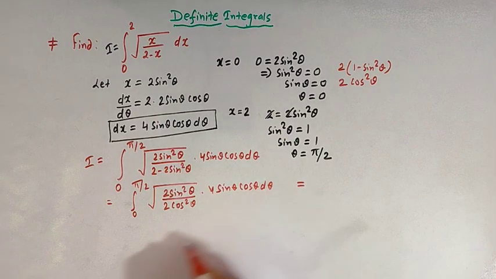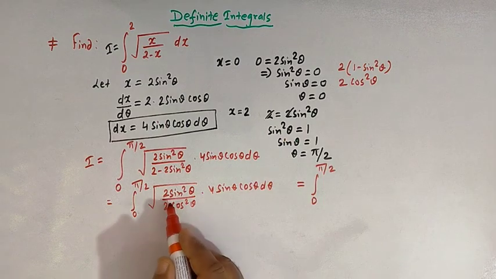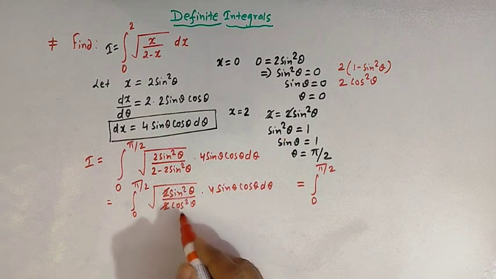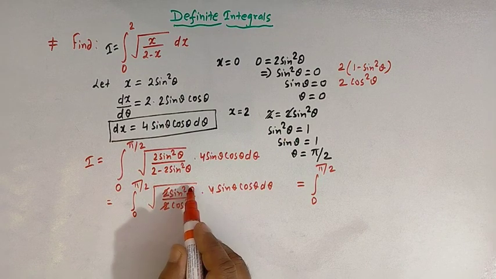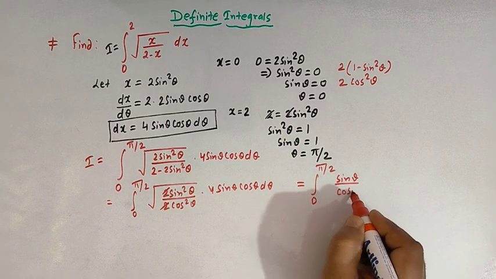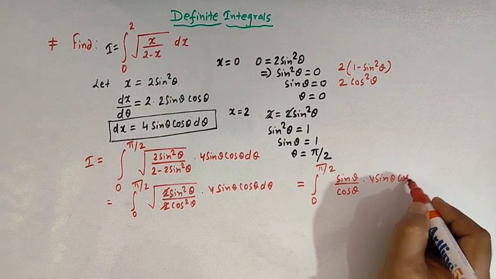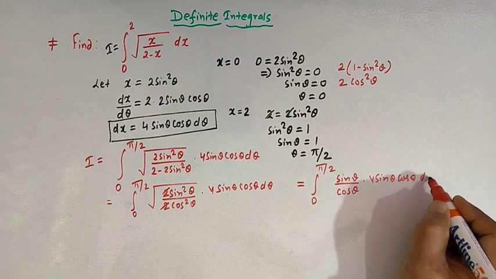Now we can write it as 0 to pi by 2, and here the 2 and 2 get cancelled, and if we remove the square root sign, we have sine theta over cos theta, and here we have 4 sine theta cos theta d theta.